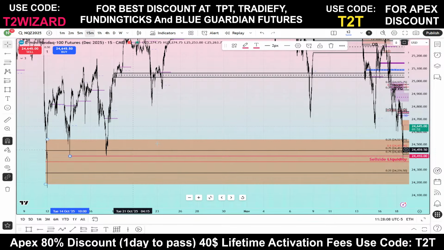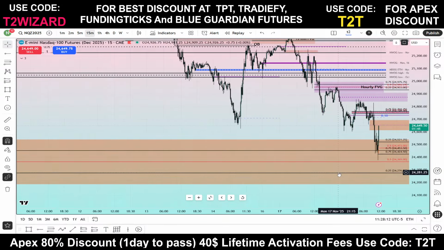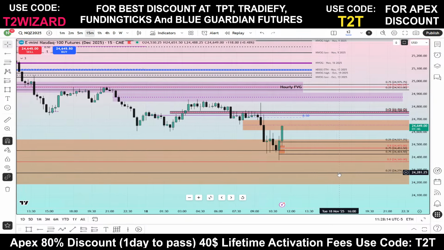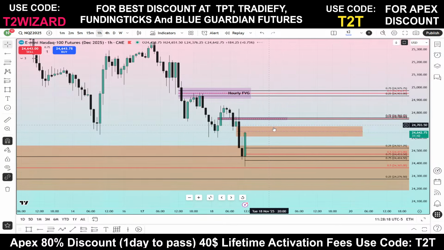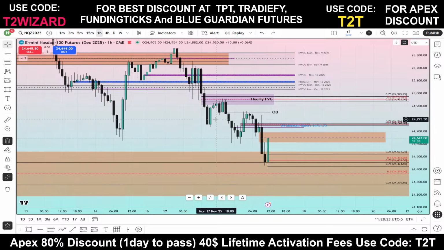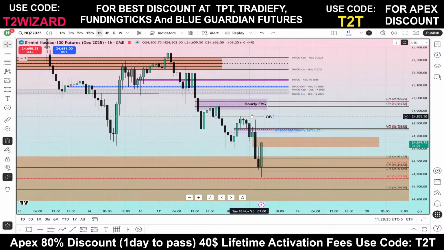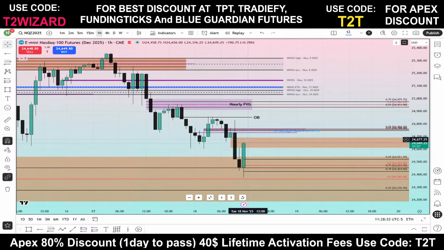That has been filled. Market has cleared that sell side liquidity. I'm rejecting from there. It can also go to the deep premium area, that means above these highs. It is also possible that it will go above those highs.